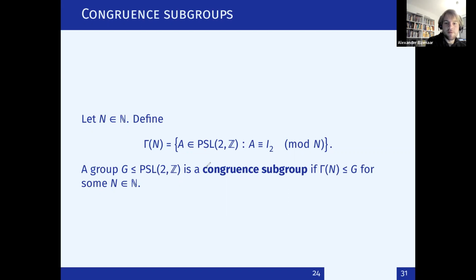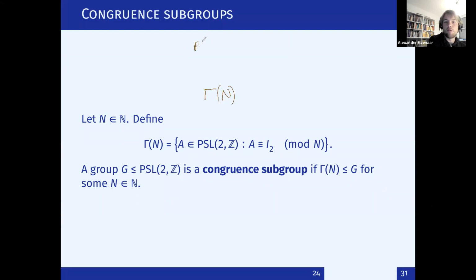Many of these are of the form you take all of the matrices in PSL2Z and you reduce them mod n for some integer n, and these groups are congruence subgroups of PSL2Z, or groups which lie in between these subgroups and PSL2Z. So you have these subgroups, gamma n.